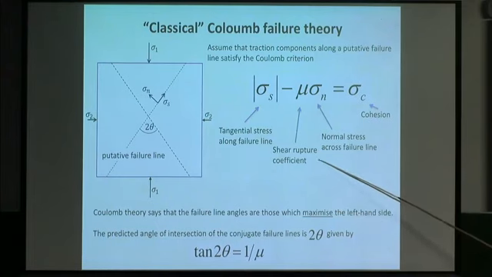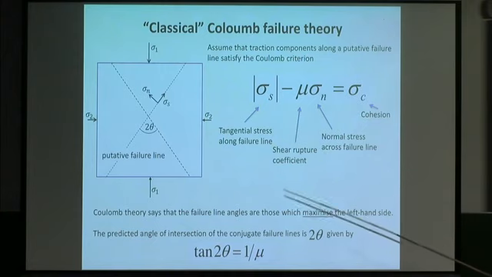They're the same thing. The reason I've used the shear rupture coefficient is to make it distinct from the friction from cracks that have already formed, from failure lines that have already formed. This is the formation of failure lines, not sliding along existing failure lines. So that was the thinking.